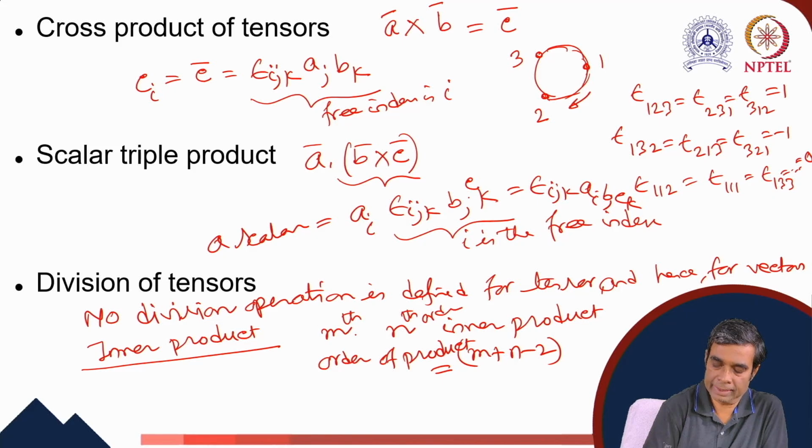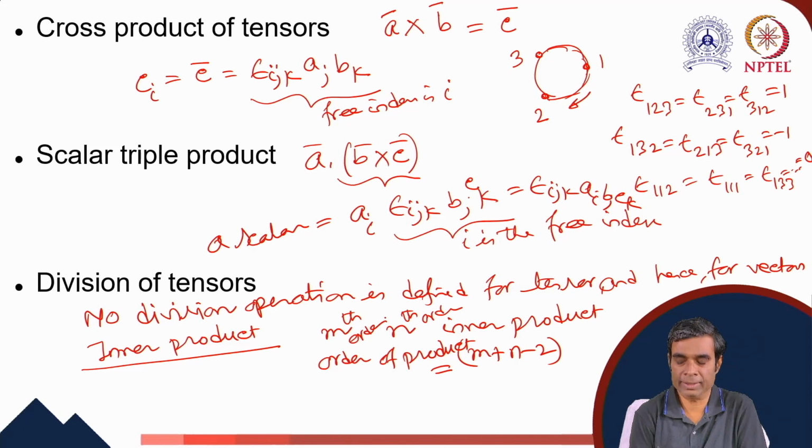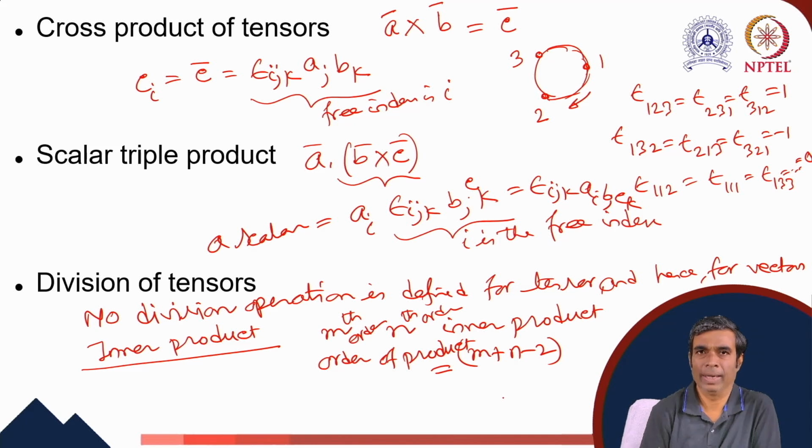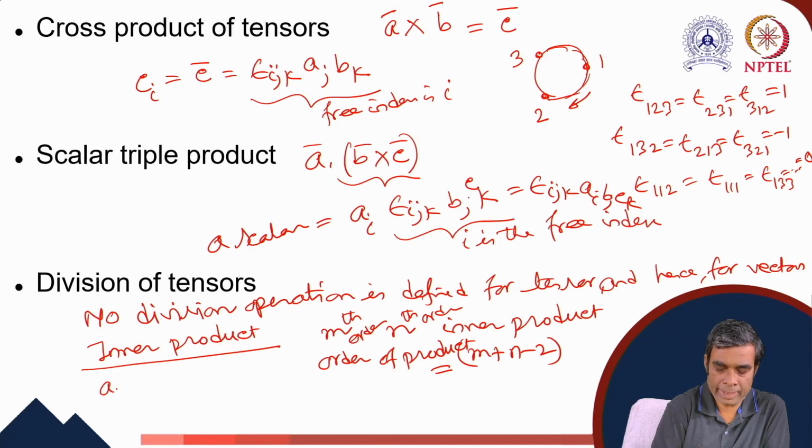So if we take the inner product of an mth order tensor and an nth order tensor, the output quantity will be of order m plus n minus 2. When we take a dot product between A and B, for A, m is 1, and for B, n is 1.